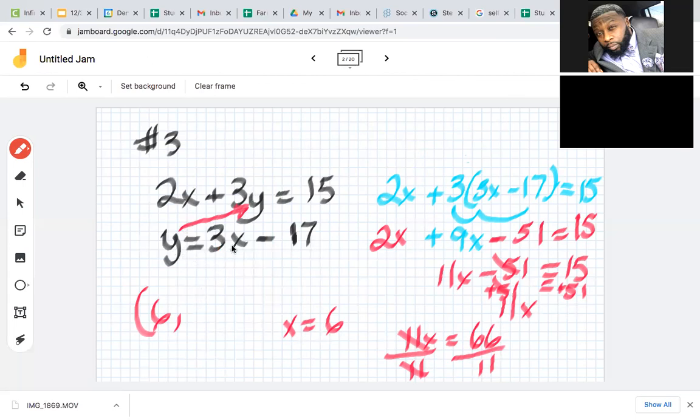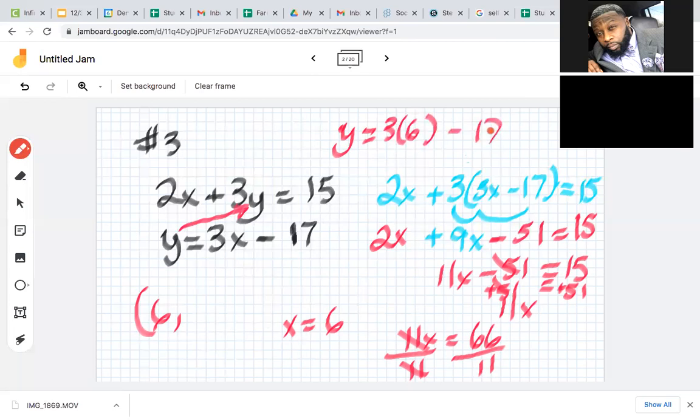So let's just plug in x, 6, in this second equation here, or the first one. It doesn't even matter. So let's say y equals 3 times 6 minus 17.